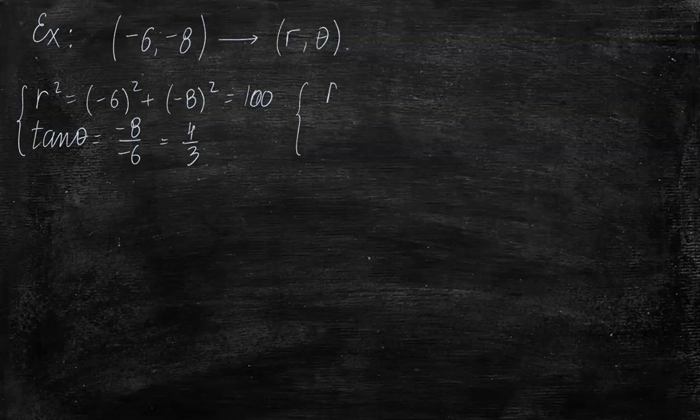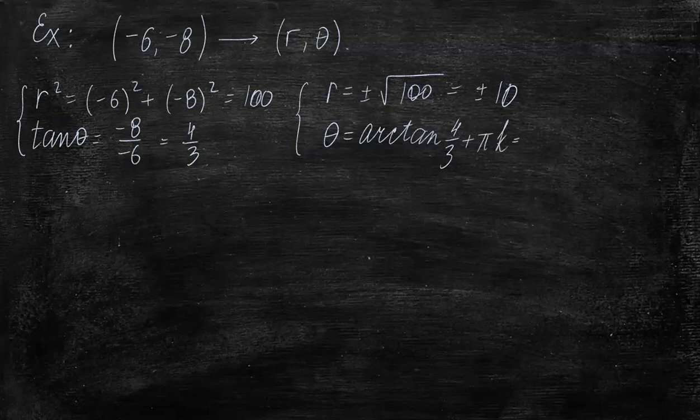And there are 2 solutions for r, plus minus square root of 100, which is plus minus 10, and there are infinitely many solutions for theta that can be expressed like this in general form, but finding the arctan of 4/3 will give us this, and then writing pi in decimal form will produce this form of the solution.